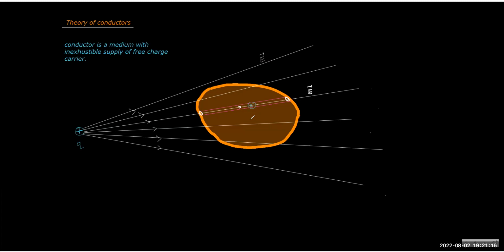Understood? So that is the property of a conductor, because the conductor has a large supply of free electrons. The moment you apply the field, the charge will start moving opposite to the applied direction of the field. So this electron will move opposite to the field, yes or no?